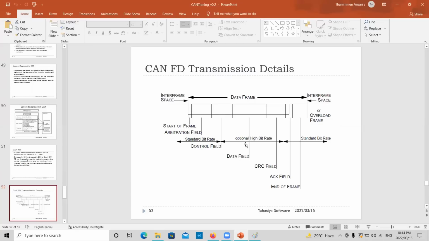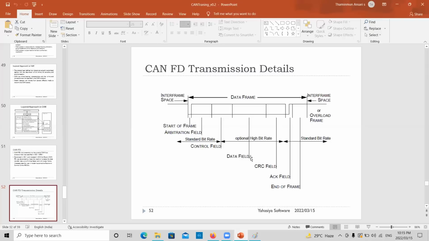The moment it transmits the data bits, the CAN chip will automatically switch to the higher one, the second baud rate. Till how long will it maintain that baud rate? Till it completes the data transmission. The moment the last data bit is done, it will revert back to the normal, standard baud rate.